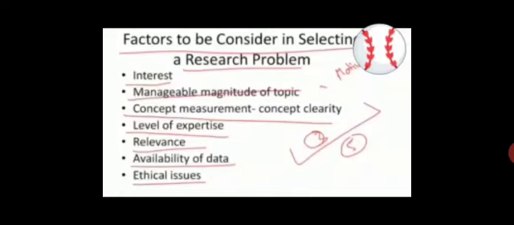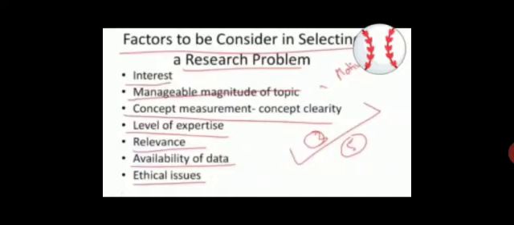So ethical issues are very important in research. If you select a topic which is not acceptable in society, your research would not be appreciated. So try to select a topic which is ethically correct and relevant to your society.